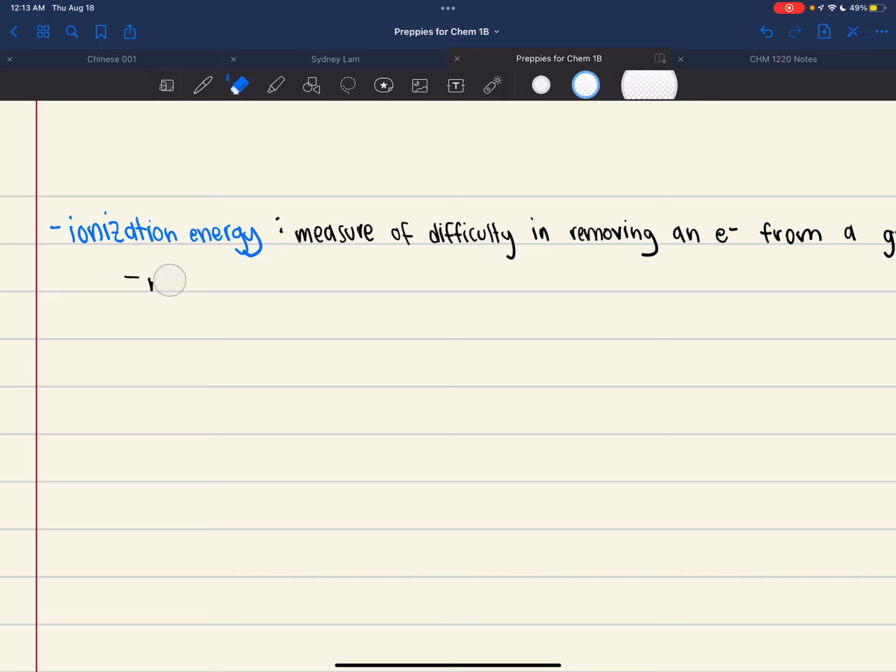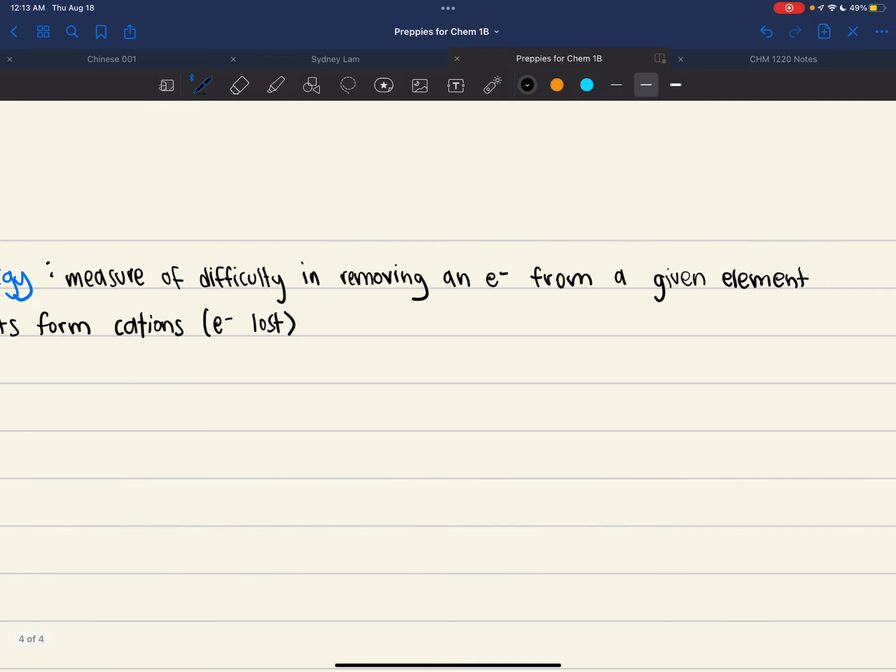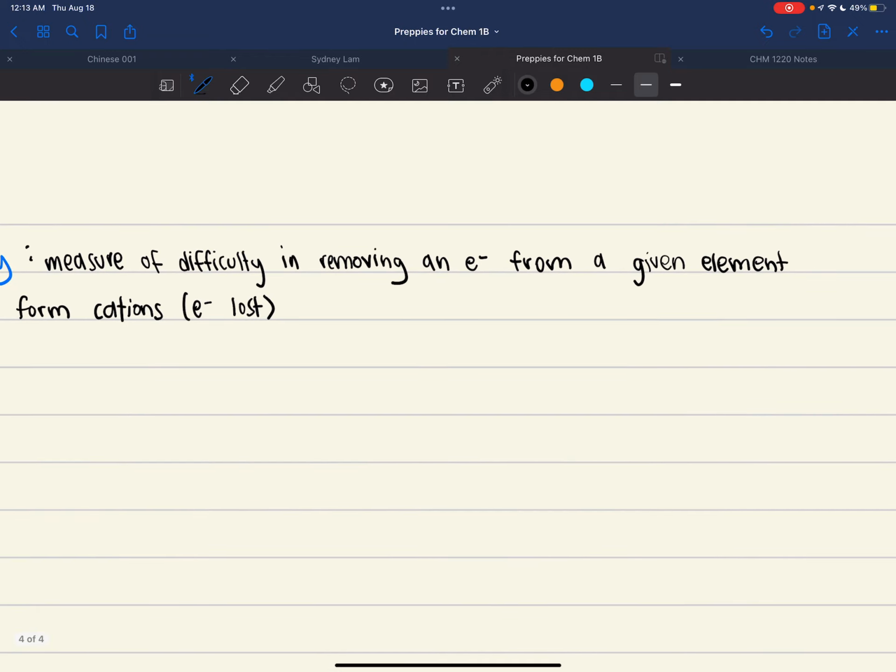Any elements that form cations, where electrons are lost, are positively charged, so there should be fewer electrons than protons.